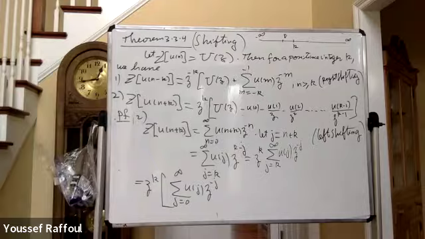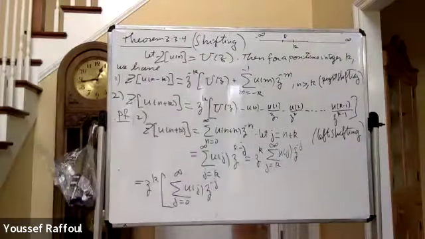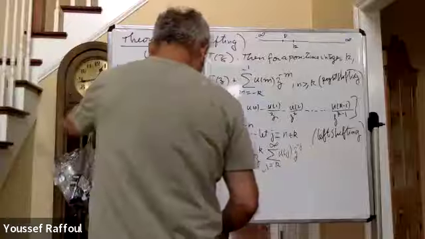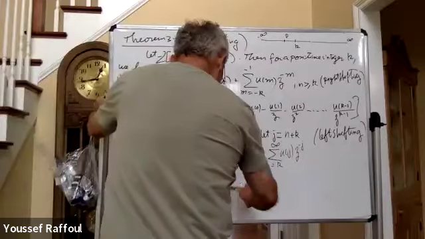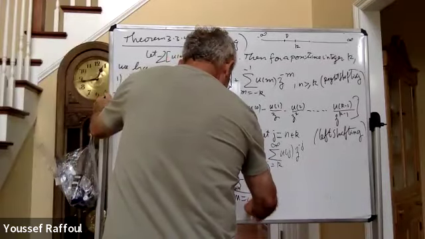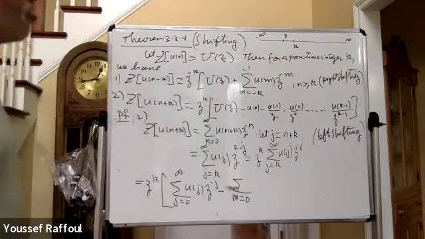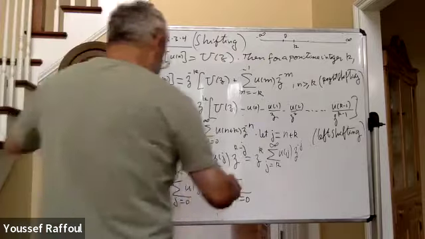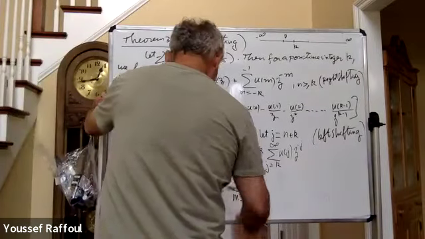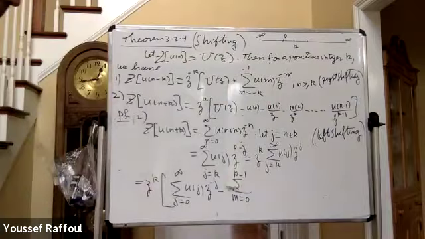Okay, so I'm gonna subtract the sum m equals 0 to k minus 1 of u_m z^(-m).